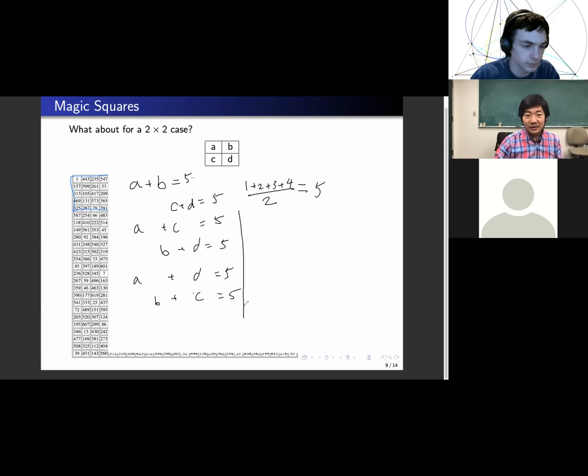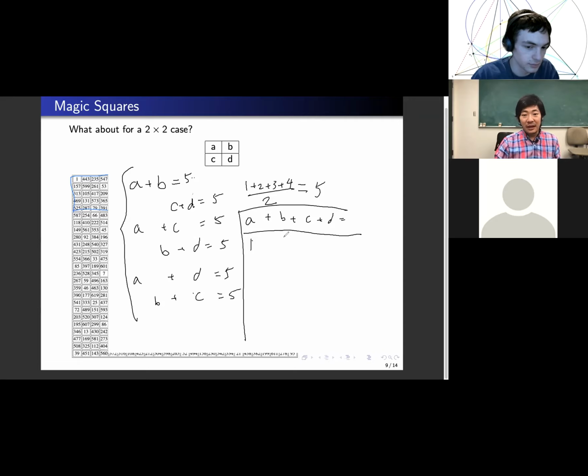Well, you can start trying to eliminate variables, but you can be a bit more systematic about this and plug it into what's called a matrix. So here, we write down the coefficients. In the first equation, there's 1 and 1 and 0 and 0.